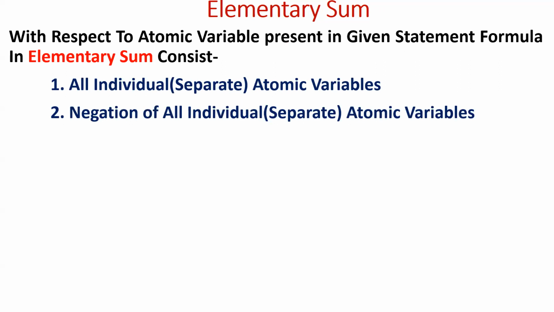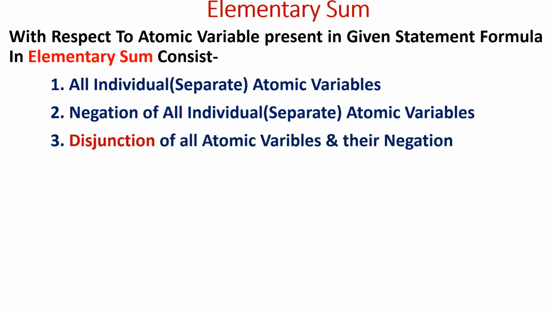Negation of all individual atomic variables is also part of an elementary sum. And finally, with respect to disjunction, we are replacing the word with sum, and with respect to conjunction, we are replacing the word with product. So for sum, we are taking disjunction instead of conjunction of all atomic variables and their negations.